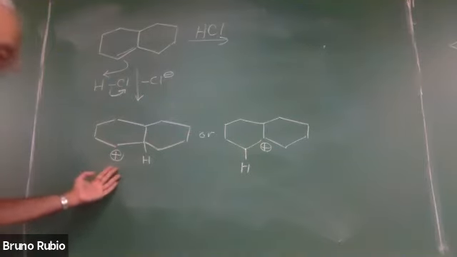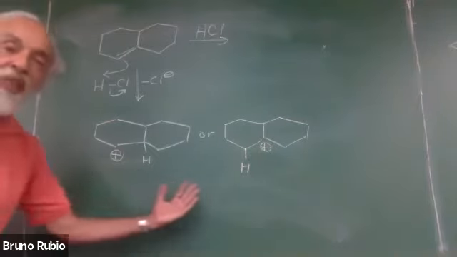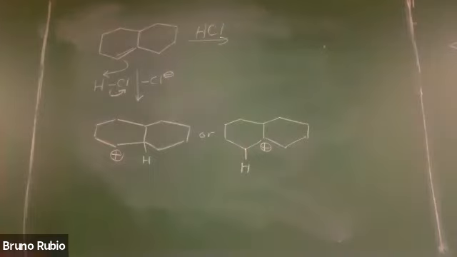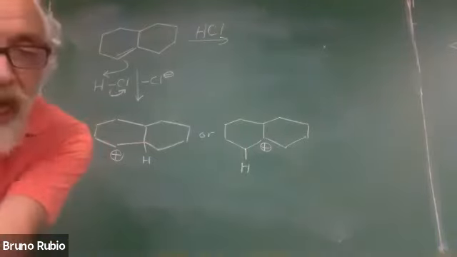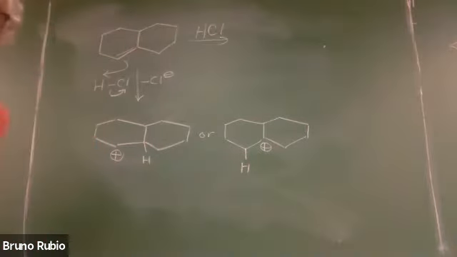We have two ways of where to put the H, and we have two ways of where to put the carbocation. Okay, so these are the two possibilities. Tell me in the chat, if anybody is still there, which of these structures is going to happen. Is it going to be the one on the left or the one on the right?